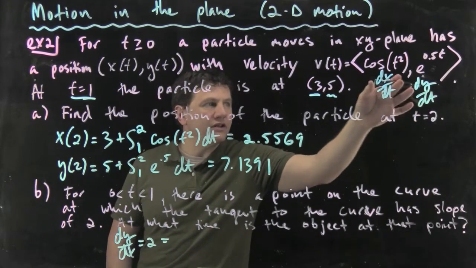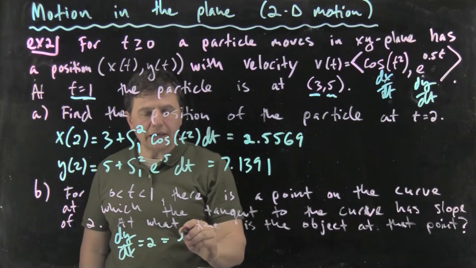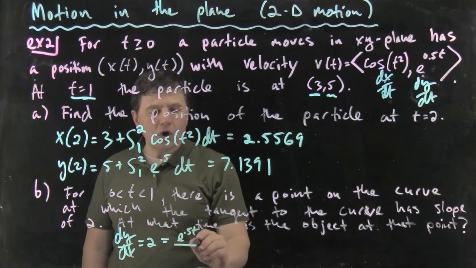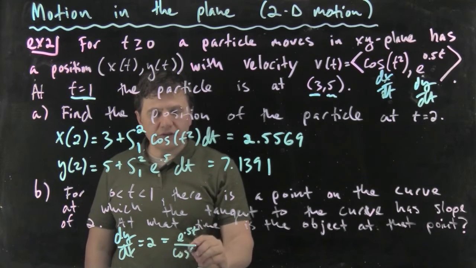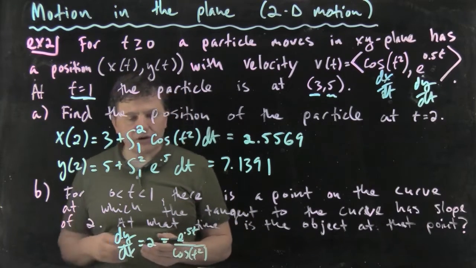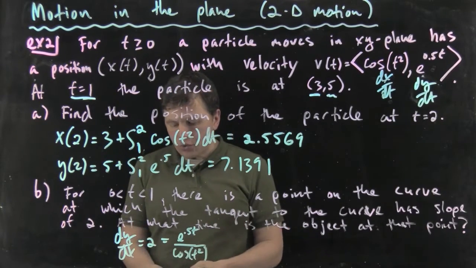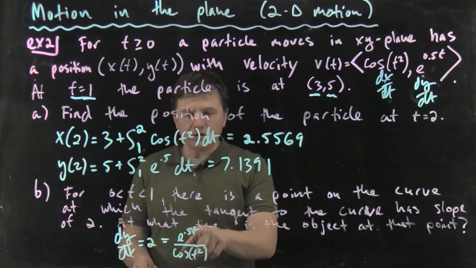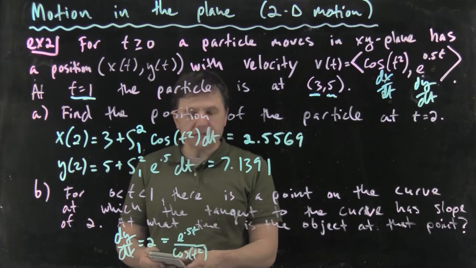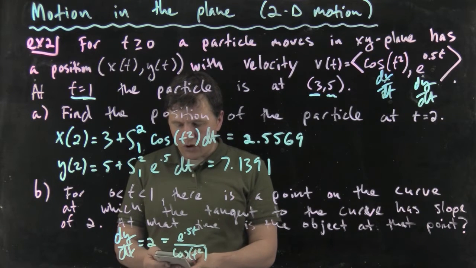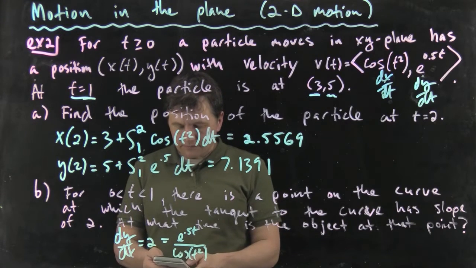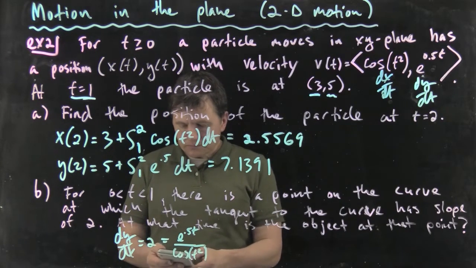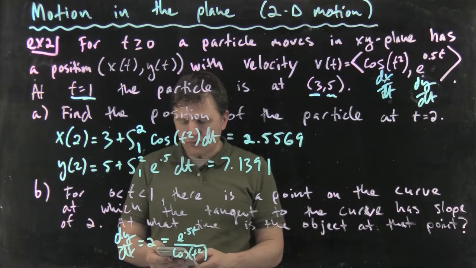So dy over dt over dx over dt. So this would be e to the 0.5t over cosine of t squared. And once again, we're just calculating this on our calculator. So in my y sub 3 here, I'm going to enter y sub 2, so vars, y bars, function y sub 2, divided by vars, y bars, function y1.